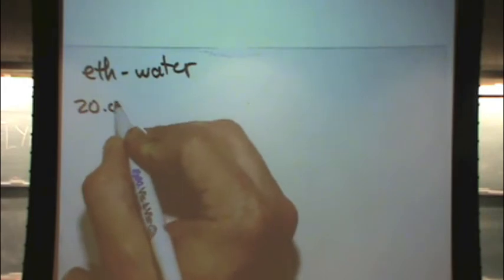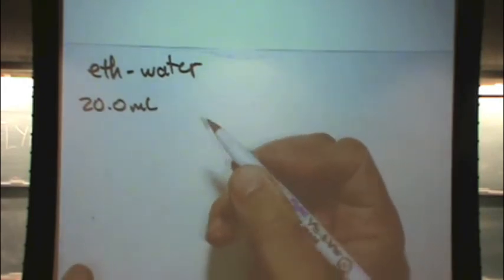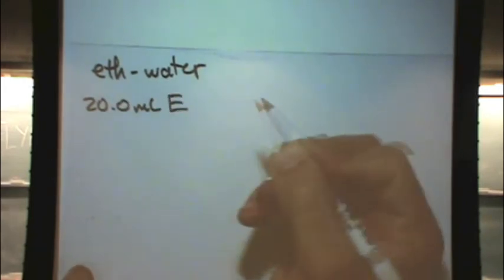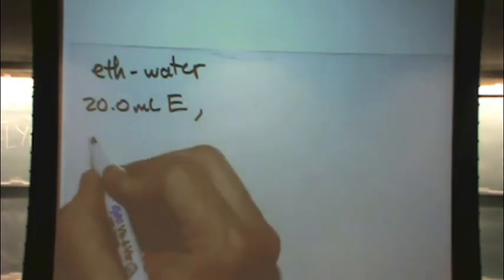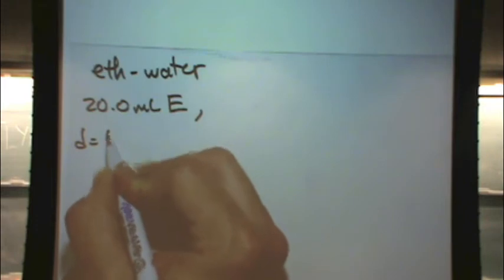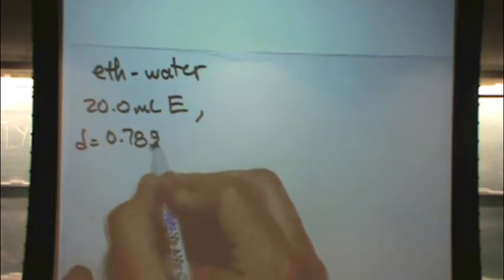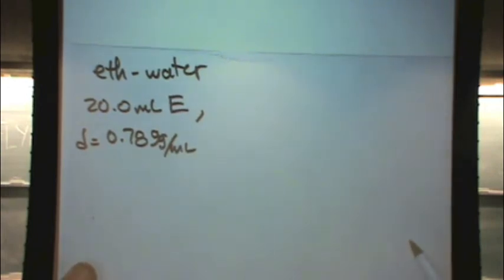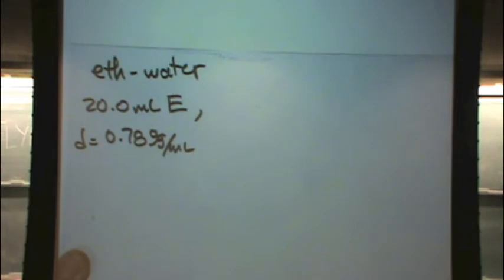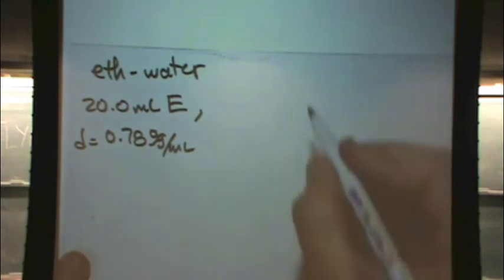ethanol water mixture. It's prepared by dissolving 20 milliliters of ethanol, I'll just say E, and the density is 0.789 grams per milliliter, and sufficient water to produce 50 milliliters of solution.